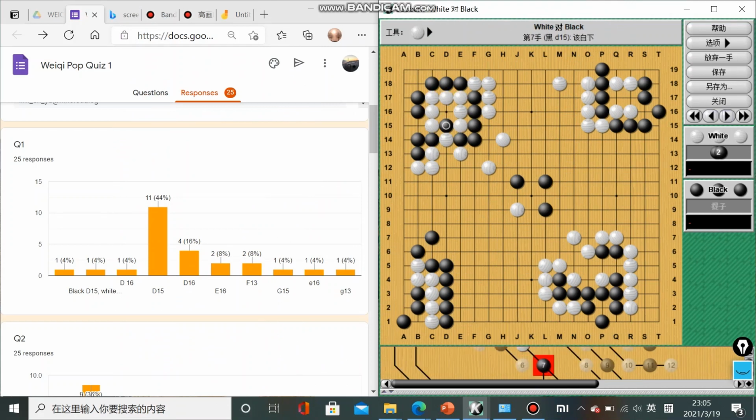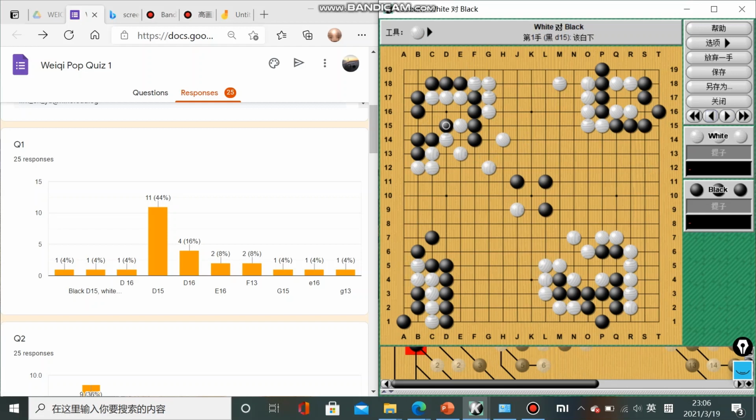And if it plays here, it will be cut. Another possible way for white to react is either by this, or we will play at E14. If it plays at E14, we'll play at E16. So it's like 剑和, we'll get either one of them.